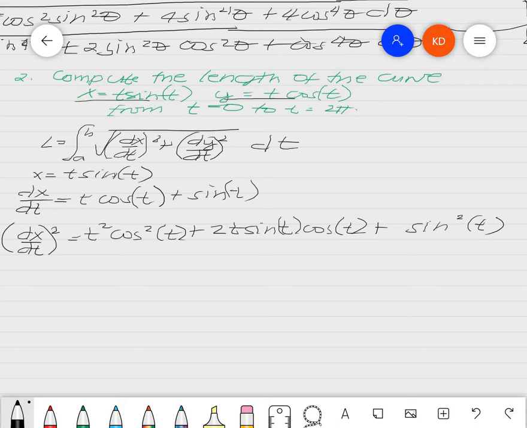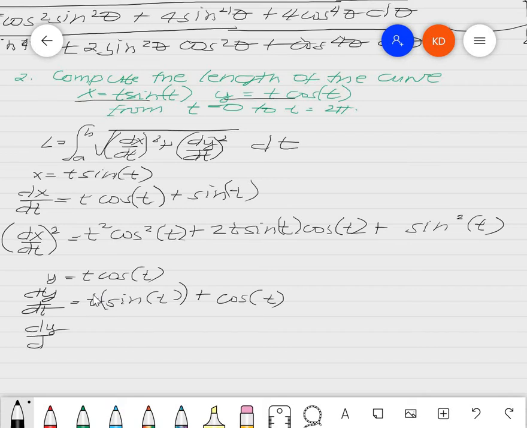How about our y value, which is y equals t cosine t, and then dy over dt is equal to t times negative sine t plus t times 1... rather, cosine t times 1. So this is dy over dt.